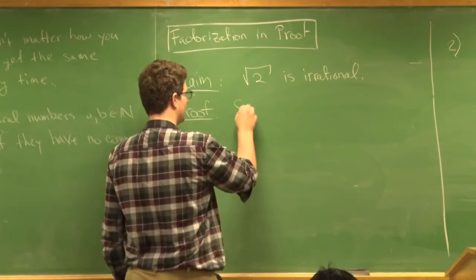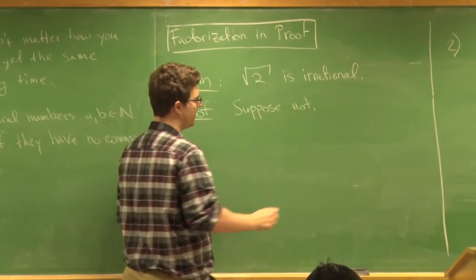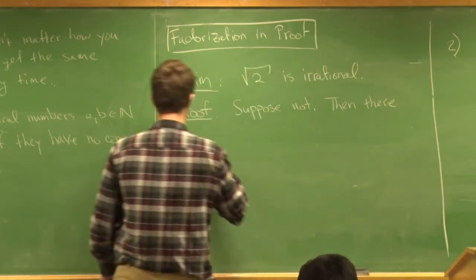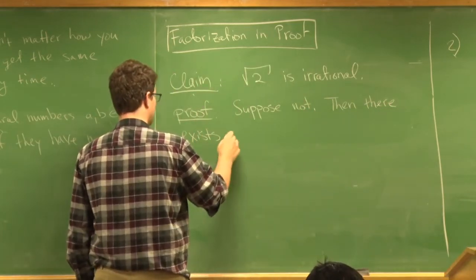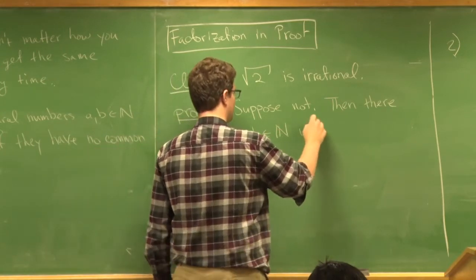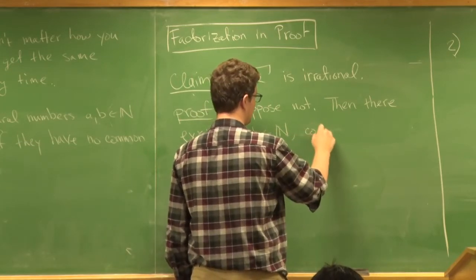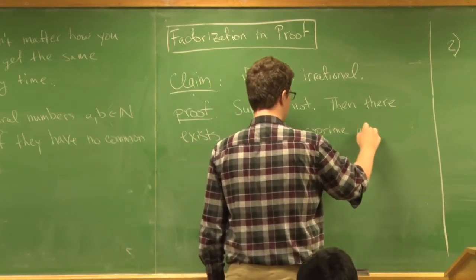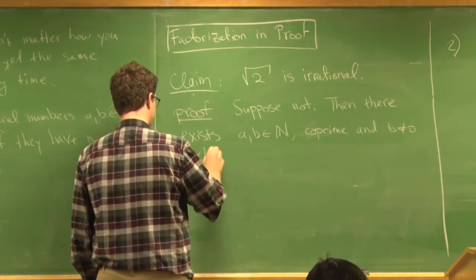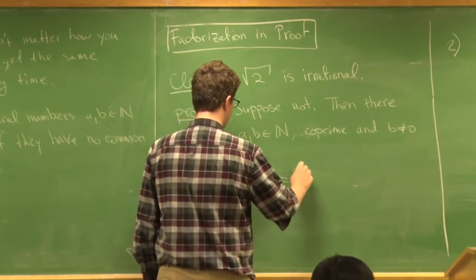Suppose not. Then there exist a, b in the natural numbers with b not equal to 0, coprime, such that square root of 2 is equal to a over b.